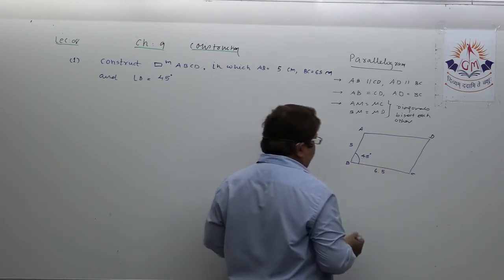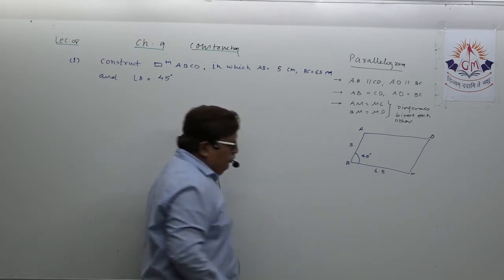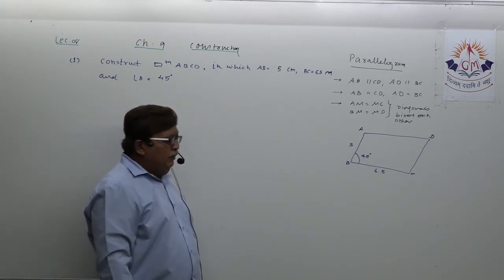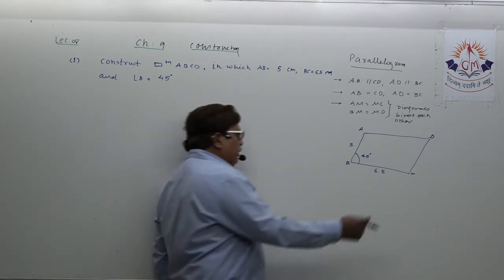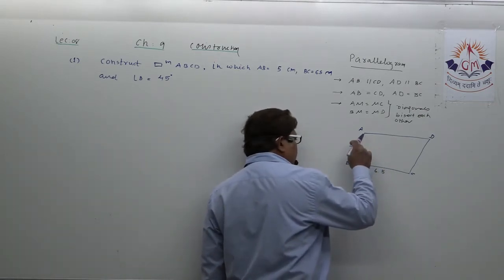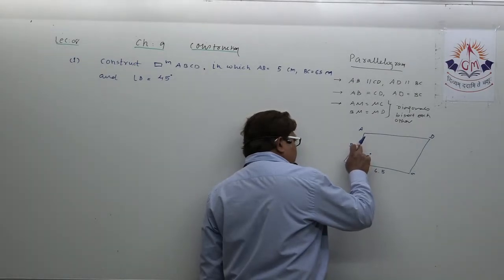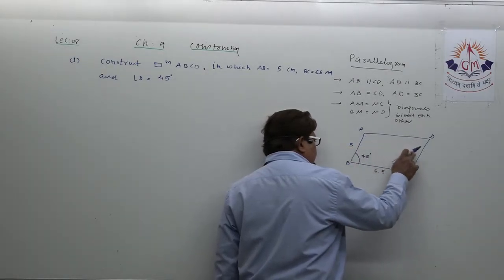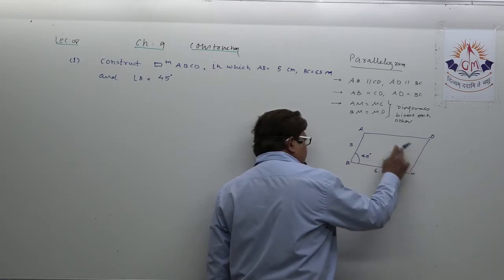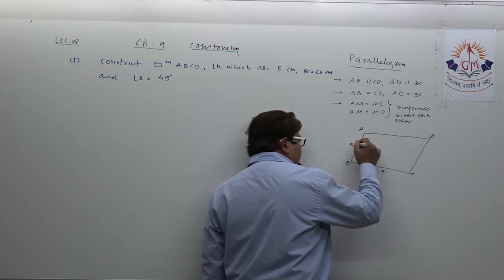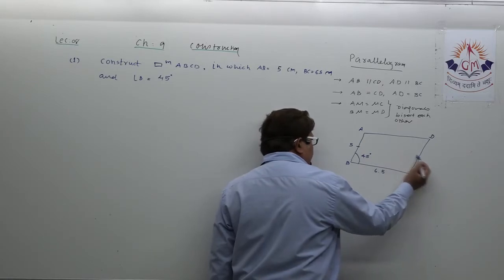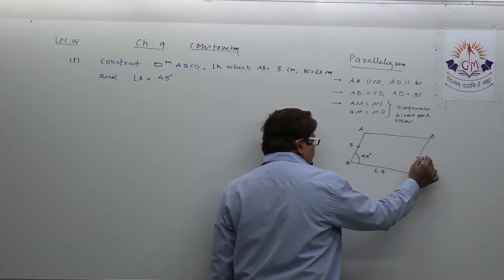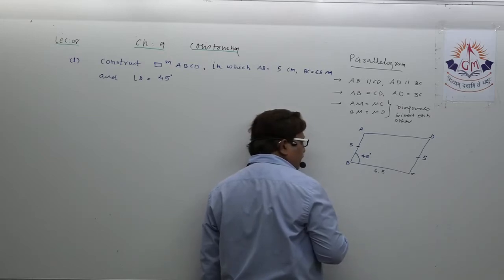Now, which property is going to help you for the construction of this particular parallelogram? Dear student, you all know that opposite sides are equal. That means AB equal to CD. So when AB is 5, CD is also 5.